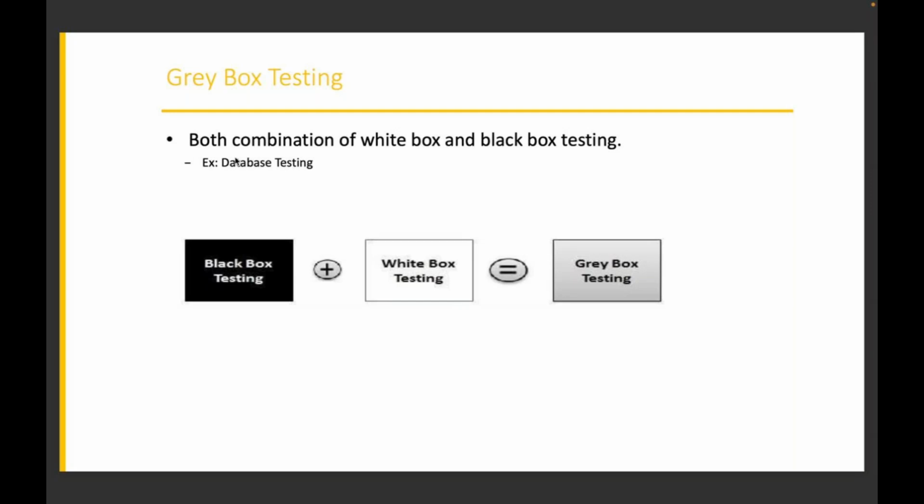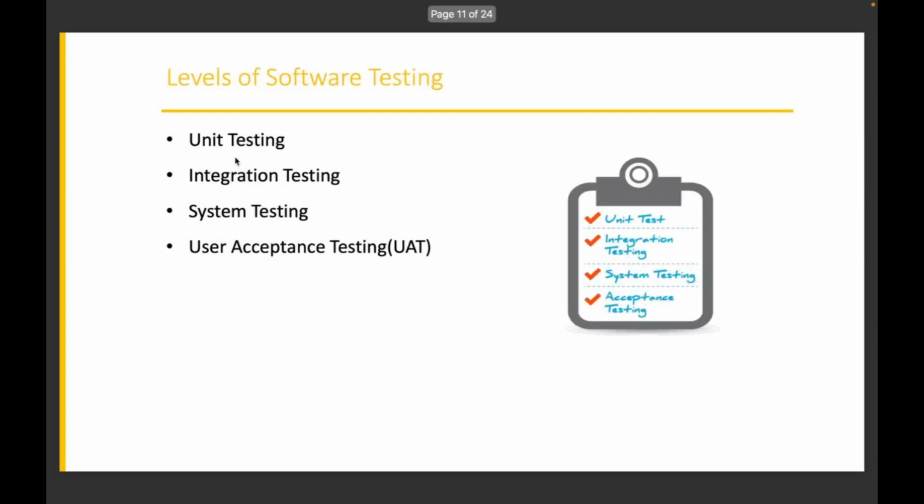Okay, moving on, guys. What are the different levels of software testing? Usually we have some levels, guys, and based on these levels we create all the deliverables with respect to test plan, test cases, test scenarios. We have unit testing at the very base level.